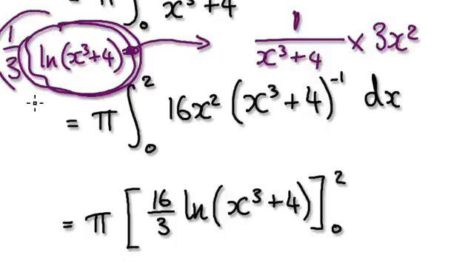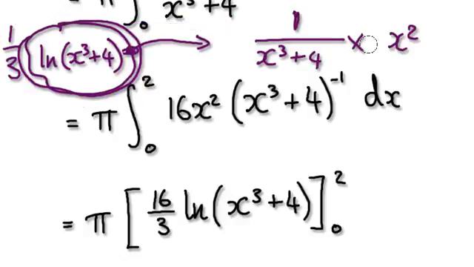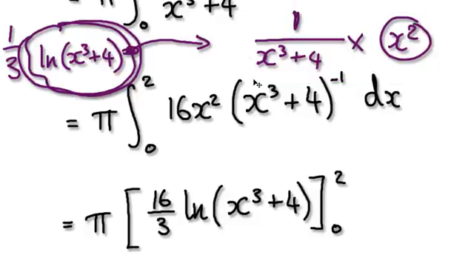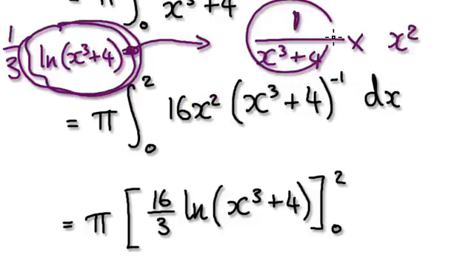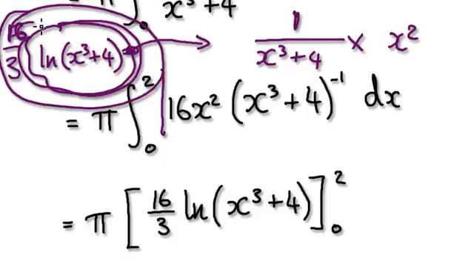If you were to differentiate this now, it would give you this thing here, which matches up with this thing here. We still need this 16 here, so we make the adjustment of 16 over 3. When you differentiate 16 over 3 of this whole thing, it will give you this thing here.